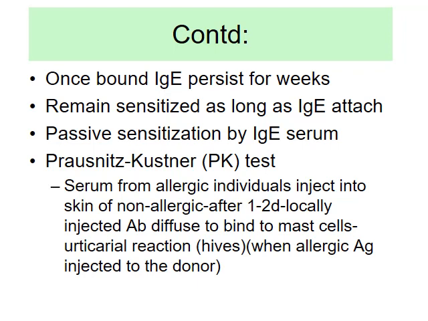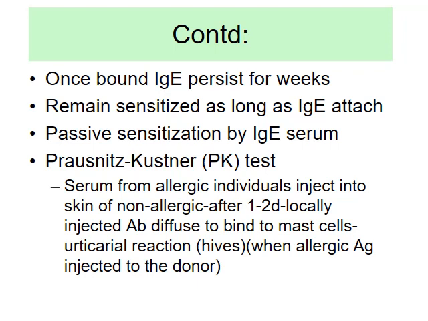Also remember that so far I've told you that IgE is made, and IgE has an Fc receptor that sticks to the mast cell. Once an IgE attaches itself to, let's pick a mast cell for now, this will persist for weeks.